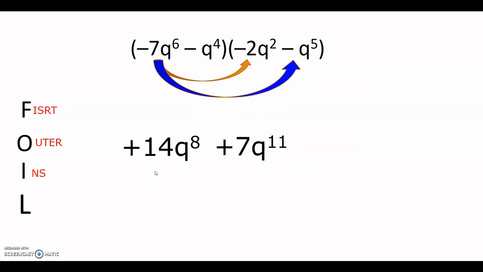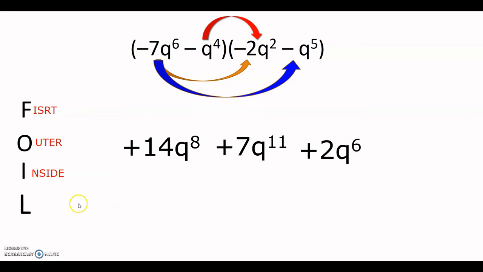Next, I for inside. So inside is here. So we have negative q raised to the power of 4 multiplied by negative 2q squared. So negative and negative, it is positive. And then the answer is positive 2q raised to the power of 6, because 4 plus 2 is 6.